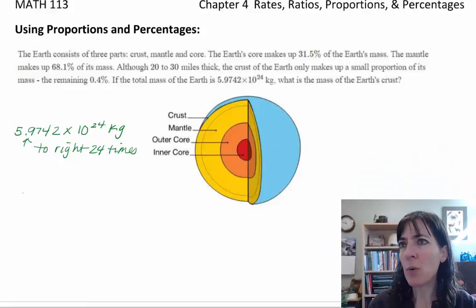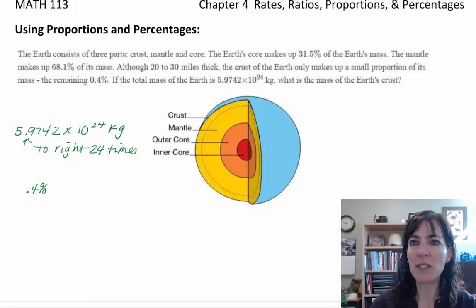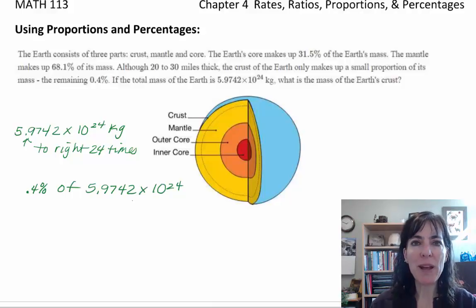So I want to know the Earth's crust, which is 0.4% of the total mass, which is the 5.9742 times 10 to the 24th. That's going to give me how much mass is in our crust for our Earth.